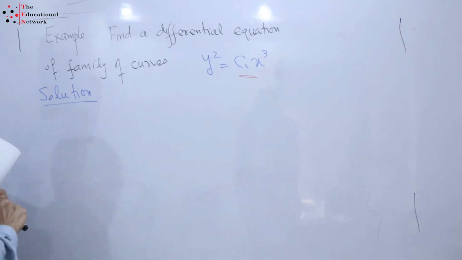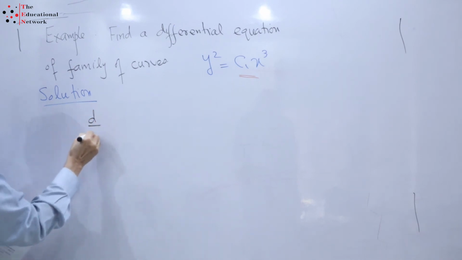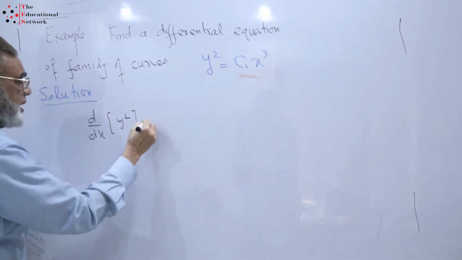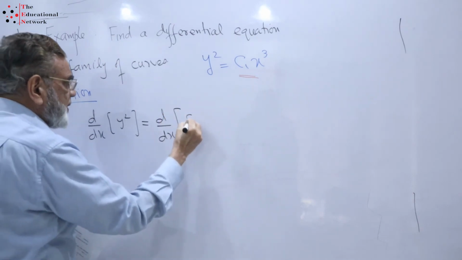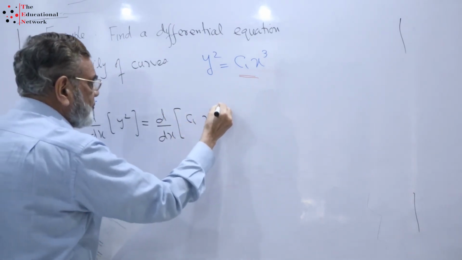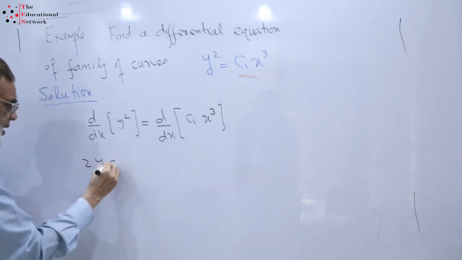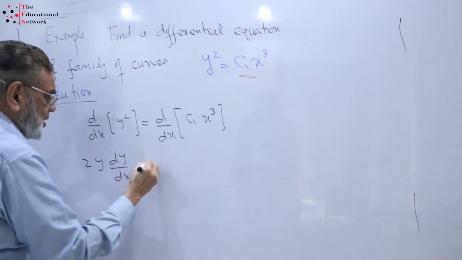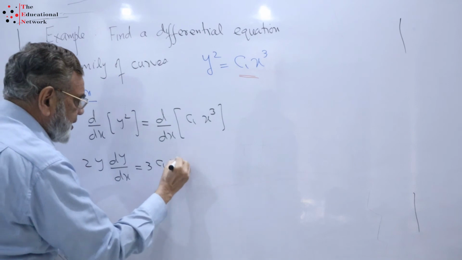I take d by dx of y square. Then I take d by dx of the right hand side, that's c1 x to the power 3. Again, implicit differentiation, we get 2y dy by dx, and this is equal to c1 times the derivative of x cube, which is 3x square.